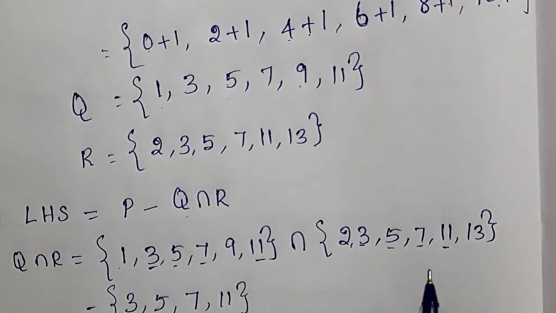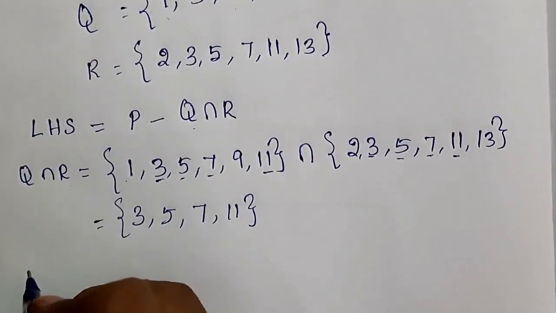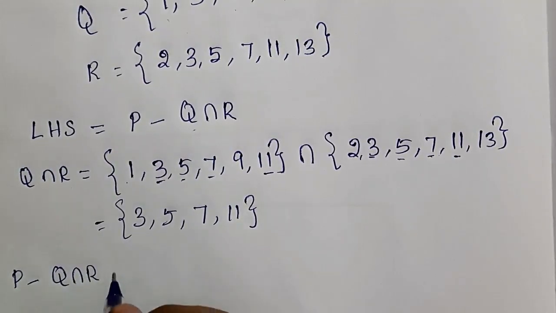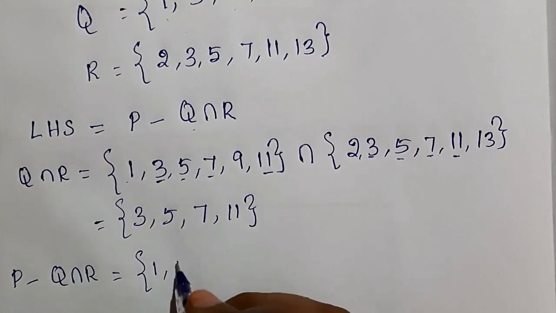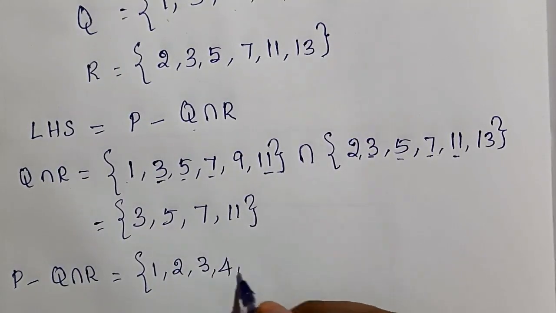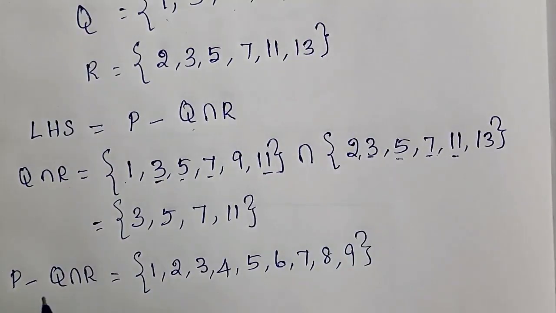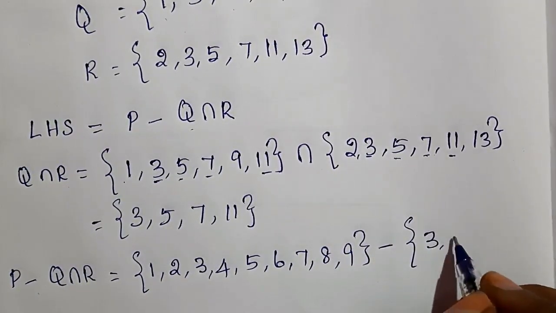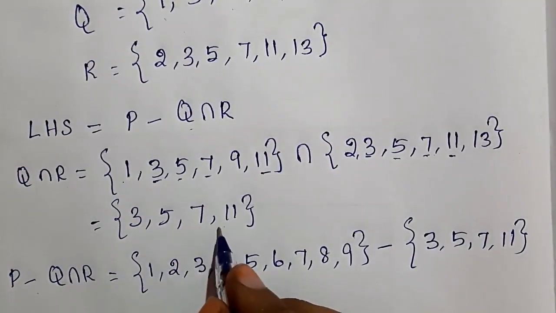So only these are the common elements. Next we do P minus Q intersection R. First we write the P elements: 1, 2, 3, 4, 5, 6, 7, 8, 9. Then minus 3, 5, 7, 11, which is Q intersection R.